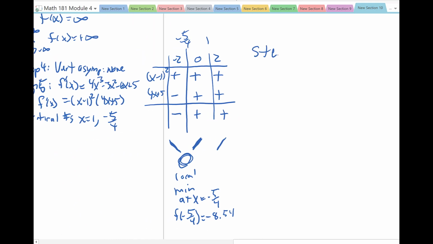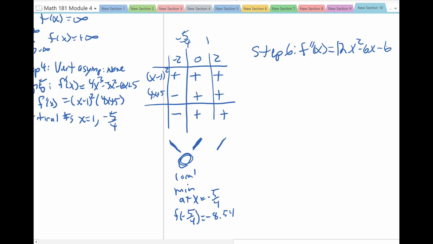Step 6, we want to check for concavities. We're looking for the second derivative. Our second derivative that I came up with was 12x squared minus 6x minus 6, not a plus 6.